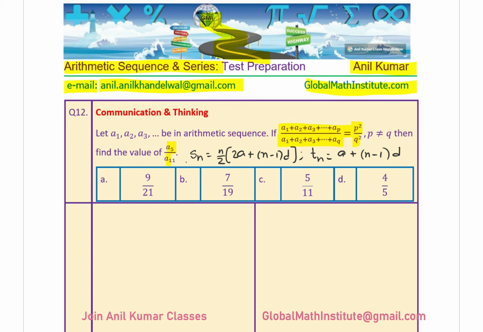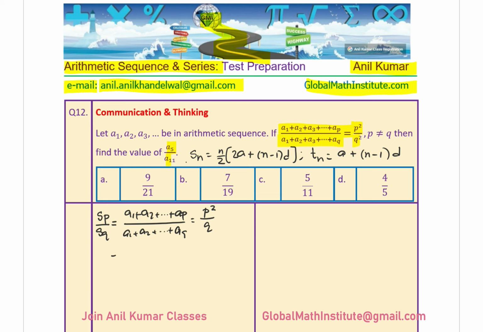Here is our solution. Since we have to compare the ratios of the sums, let's write down the sum of p terms and the sum of q terms. That is a1 plus a2 plus so on till ap, over a1 plus a2 plus so on till aq, and that is p squared over q squared.